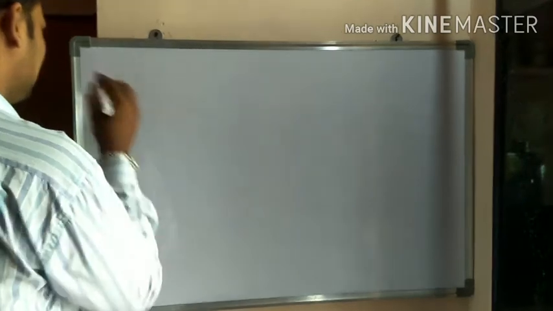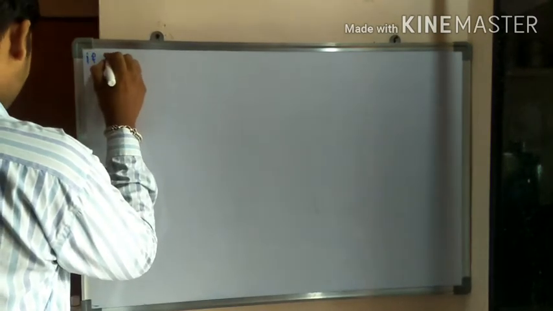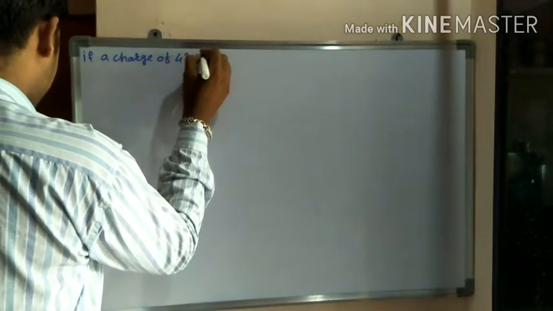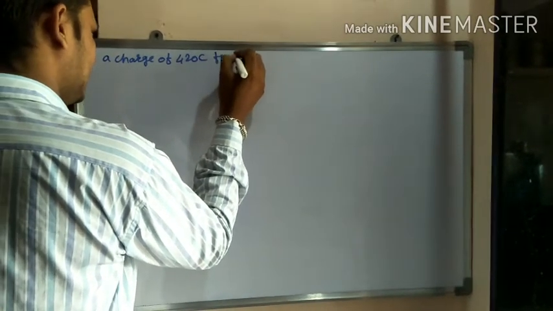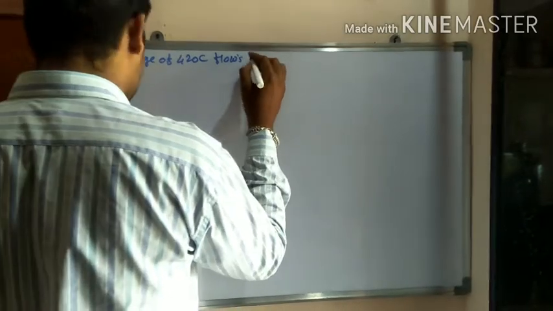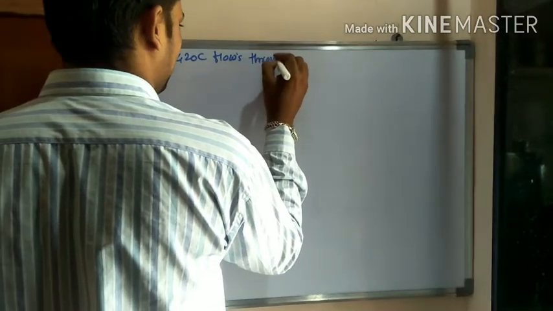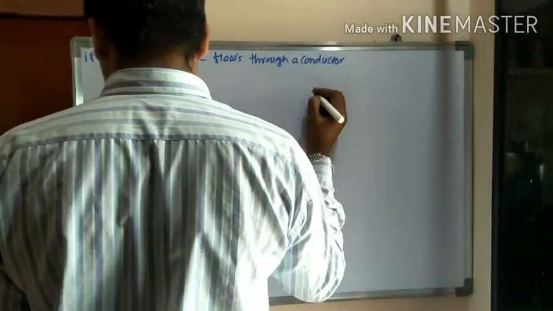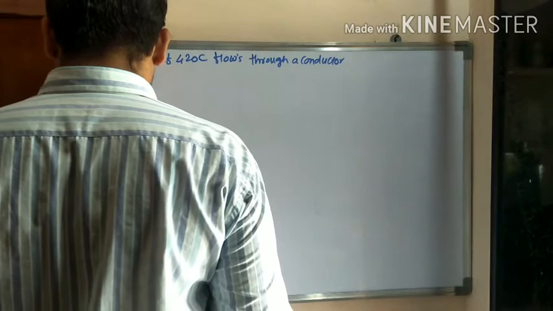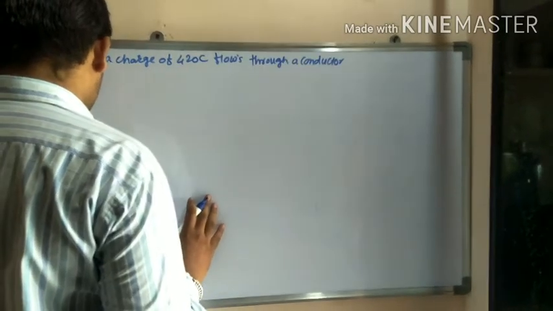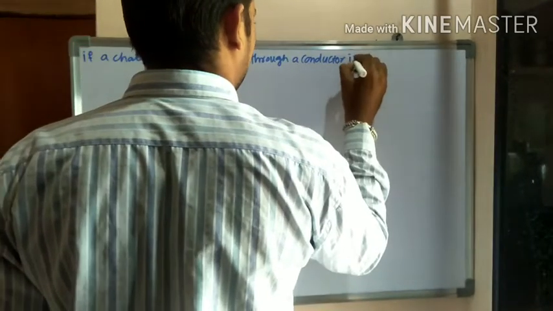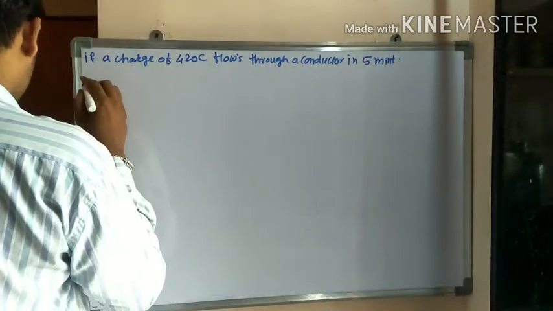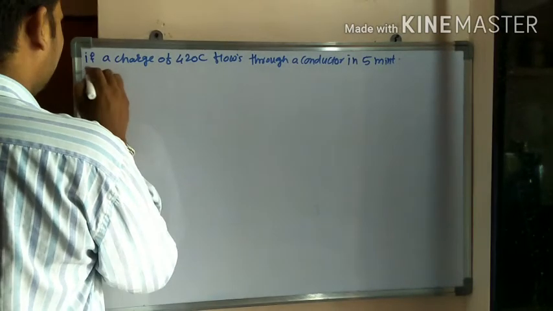Okay, now the last numerical is: if a charge of 420 coulomb flows through a conductor in 5 minutes, what is the value of current?